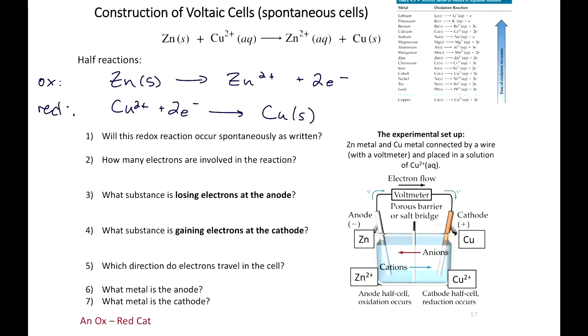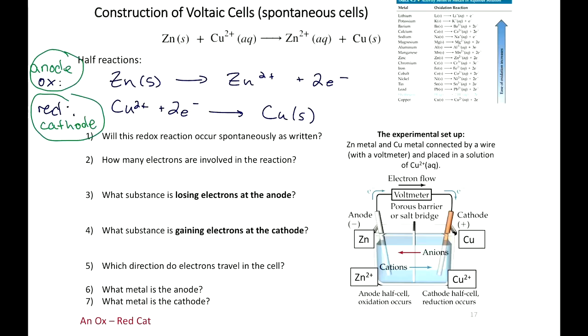All right, so memorize this, okay? So we know that Leo goes Ger. Loss of electrons is oxidation. Oxidation also occurs at your anode. So you need to memorize that too. Just memorize it. And then reduction happens at your cathode.